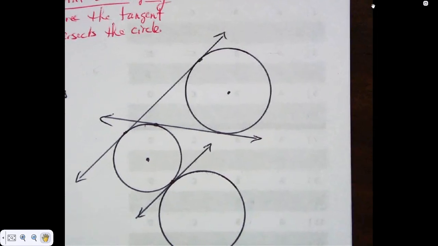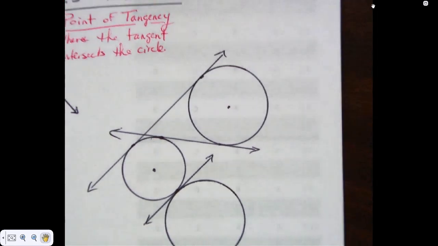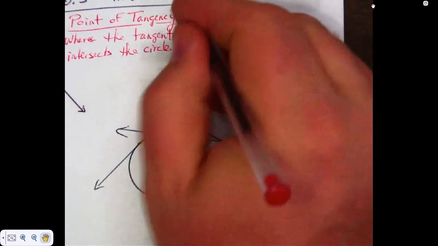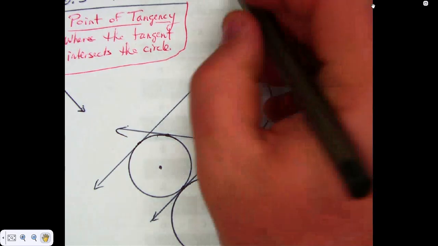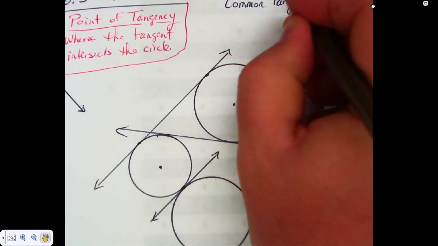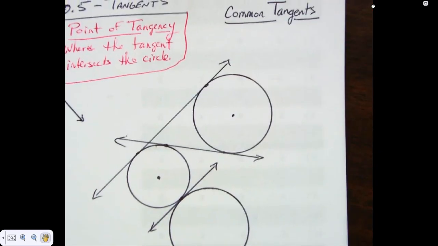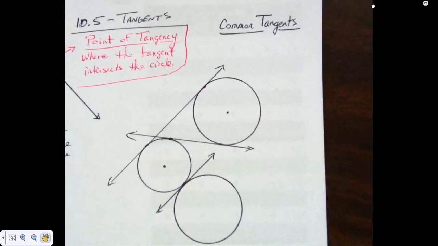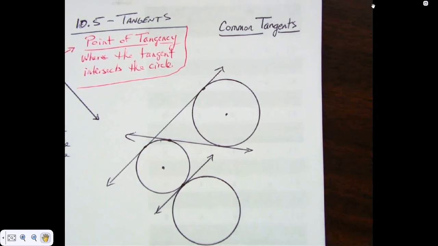These are all called common tangents. Why do you think these are common tangents?